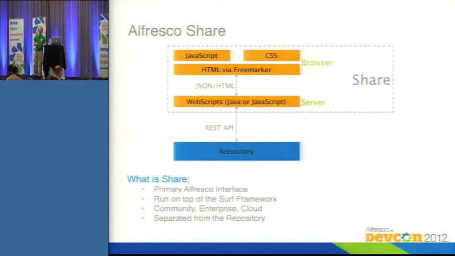Just so you're all clear on just what Share is. Share is the main interface to Alfresco. The statistic I heard yesterday was that 75% of all Alfresco installs use Share. So it's the main interface there, and it connects through to the repository using a REST API.